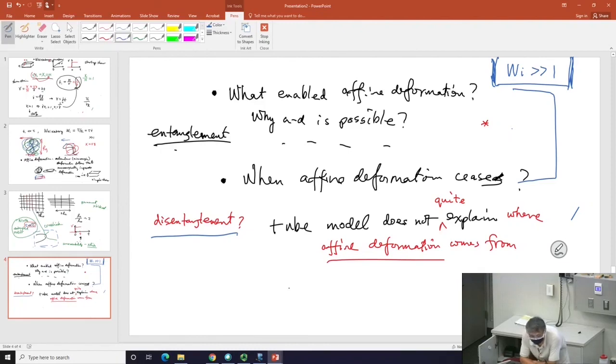I just want you to realize that even under this condition, I can broaden the scope of our investigation, and also ask, do you have disentanglement?